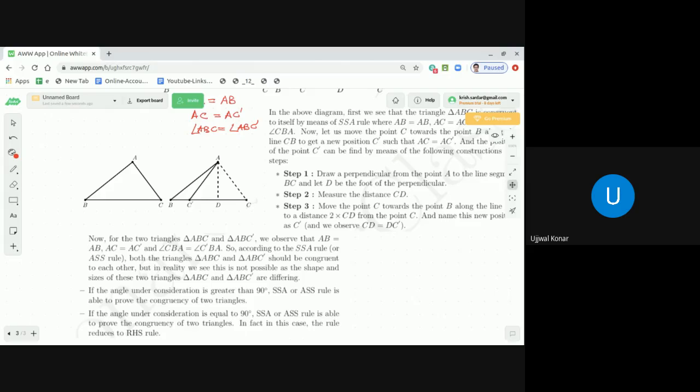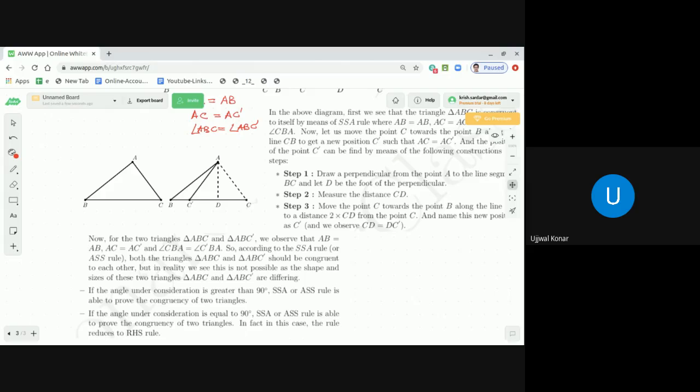So if we consider that SSA rule guarantees congruency, then SSA rule is actually being met here. AB is equal to AB, AC equal to AC dash. These two sides are equal, and a non-included angle, that is CBA of the left-hand side triangle and C dash BA of the right side triangle, are equal to each other.